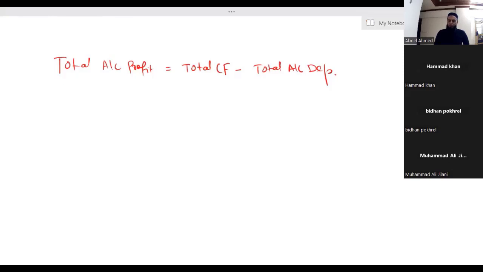So if your cash flows have the effect of residual value, first you need to eliminate that effect also.